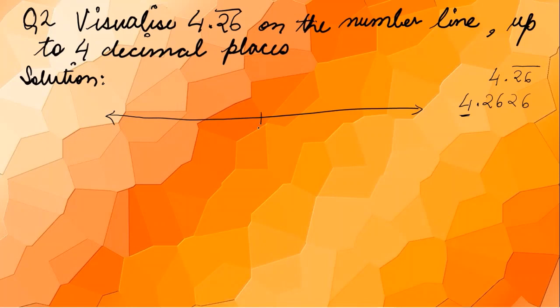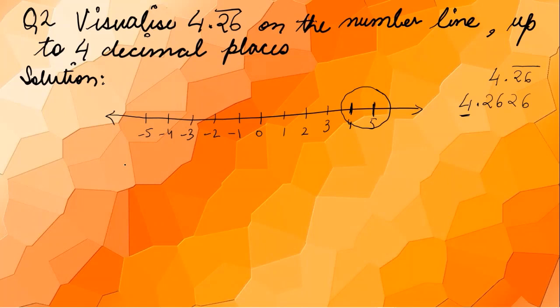So first draw the number line, 0, 1, 2, 3, 4, 5, and here the negative numbers will be there. So your number will be lying between this 4 and 5. Okay, so your magnifying glass will be over here.